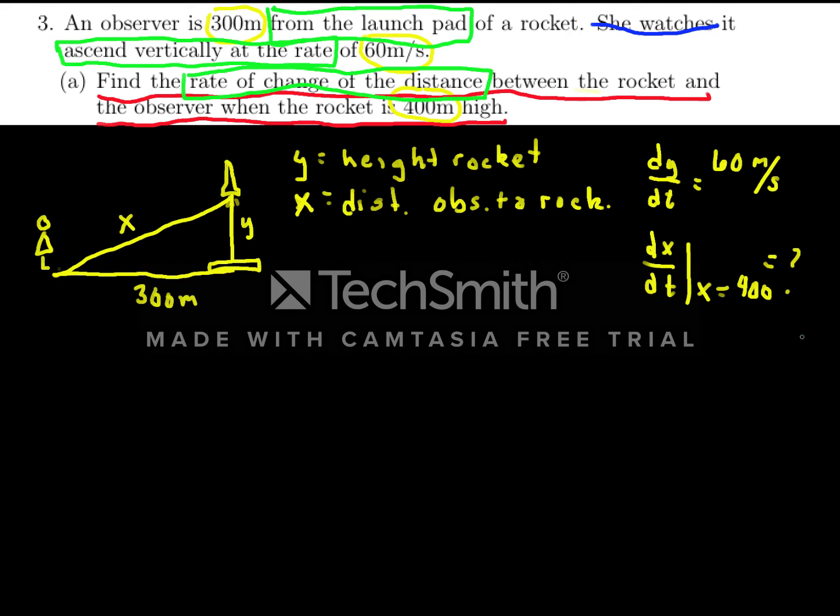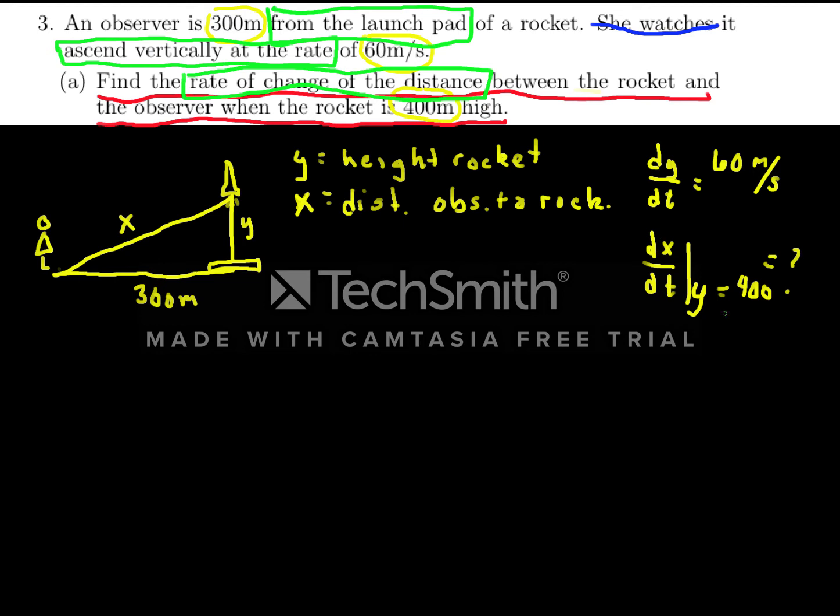I wrote when x is equal to 400, but that is not what's being asked. It is when the rocket is 400 meters high. That's why I apologize, but this is really good, that we should always be double checking that what we're writing makes total sense.